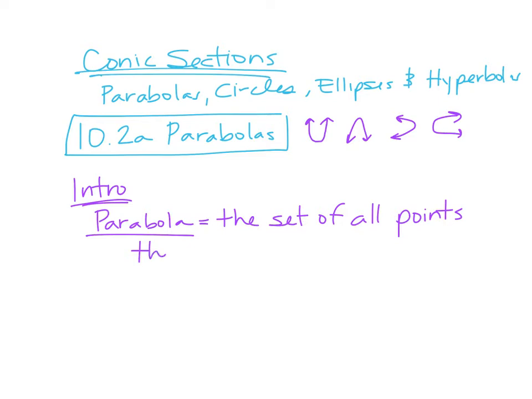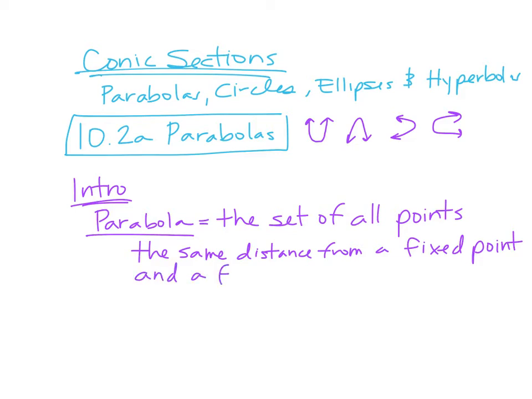So a parabola is the set of all points the same distance from a fixed point and a fixed line. Okay, fixed point and a fixed line. So a point that doesn't move and a line that doesn't move.